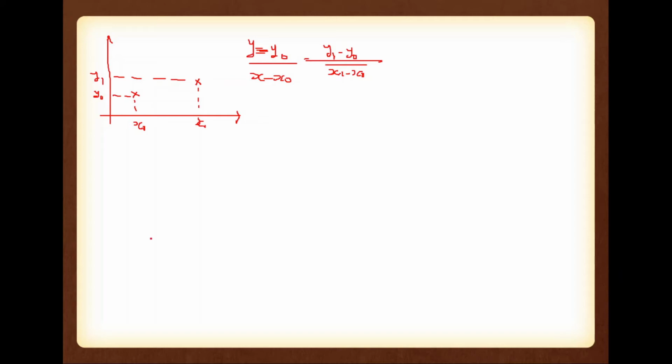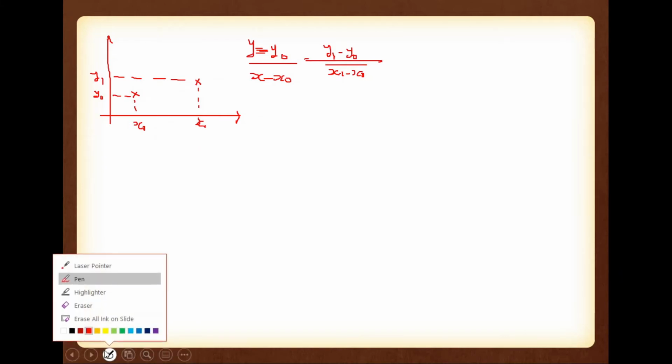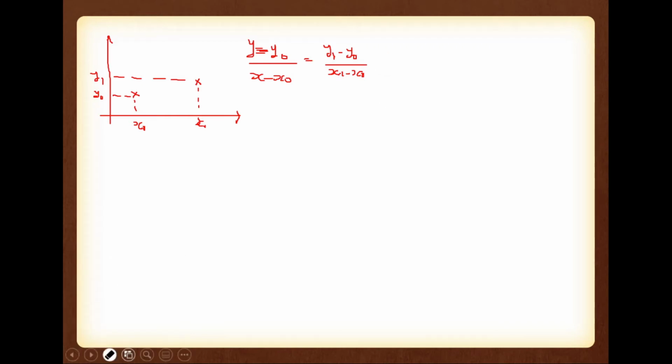This implies, from this one, we have y is equal to, we can cross multiply this with x minus x0 and move y0 to this side.